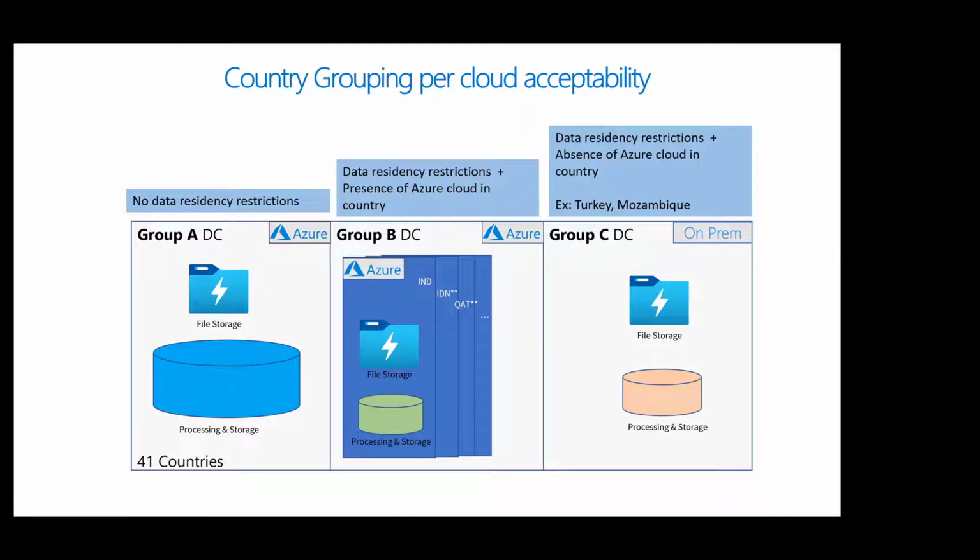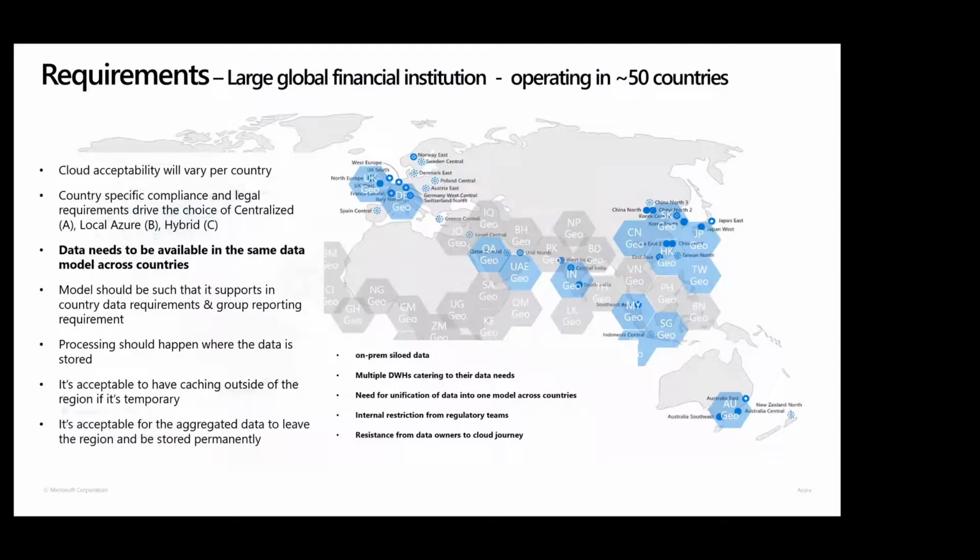Now, the other requirement they mentioned is that they have different data warehouses in silos catering to their different data needs. They decided to have everything in one place so that they can model it once and use it many times.